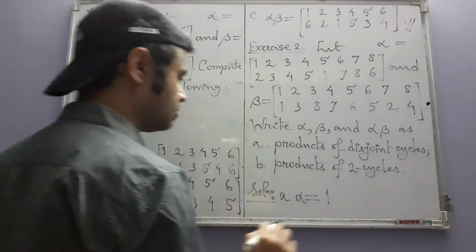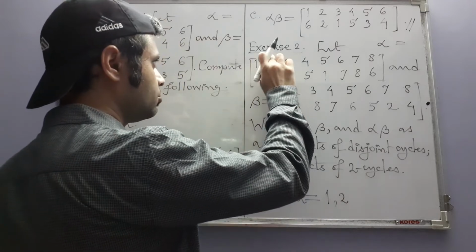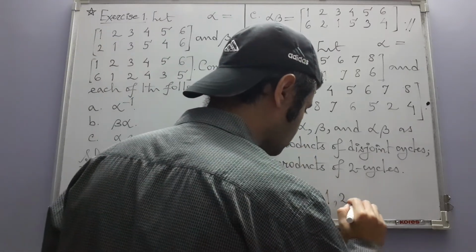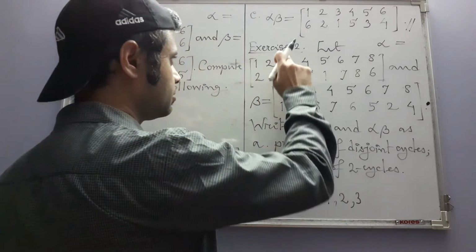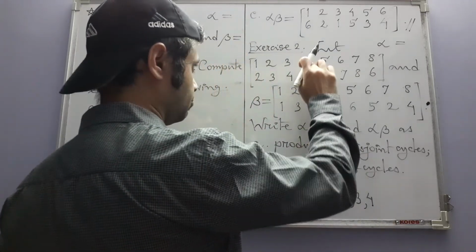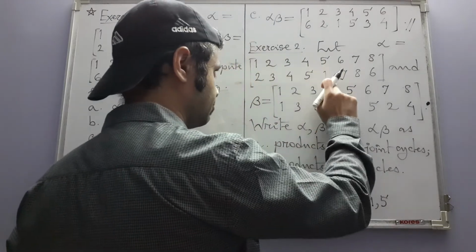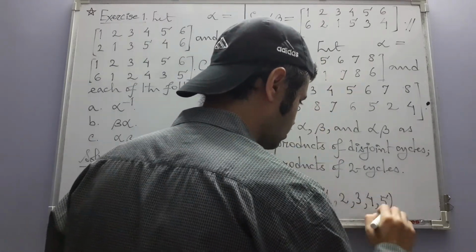So 1 goes to 2, 2 goes to 3, 3 to 4, 4 to 5, and 5 again comes back to 1.